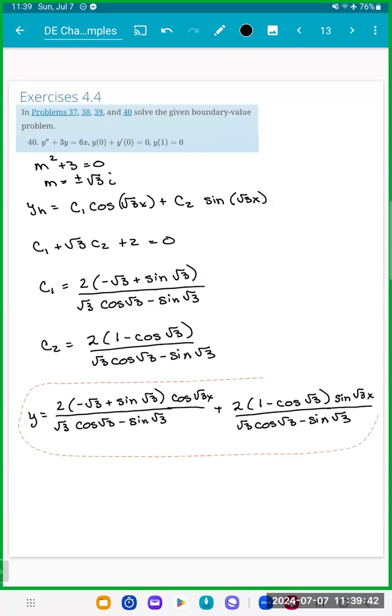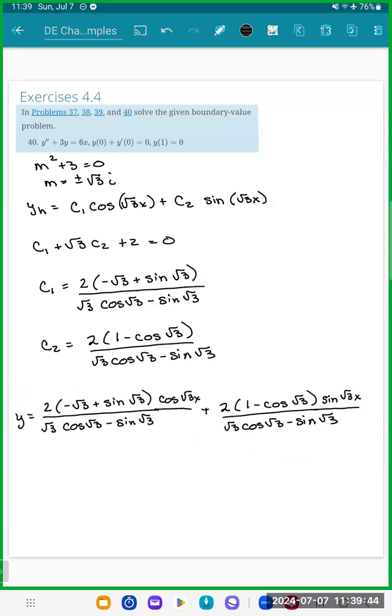And the last thing we need to make a little bit more room for is to add the plus 2x out here.